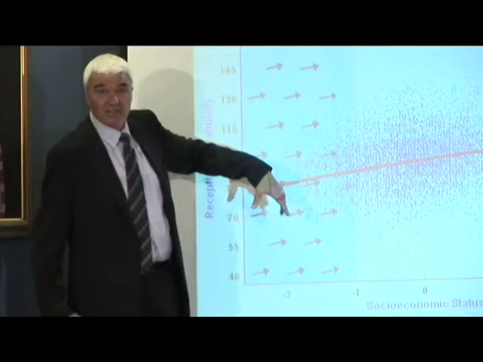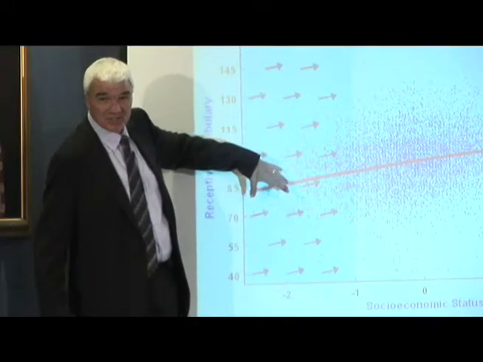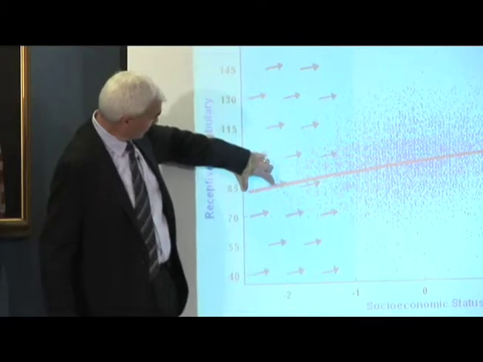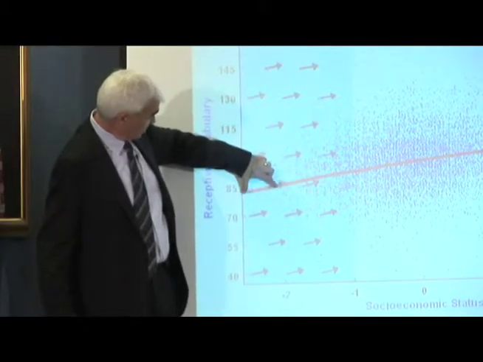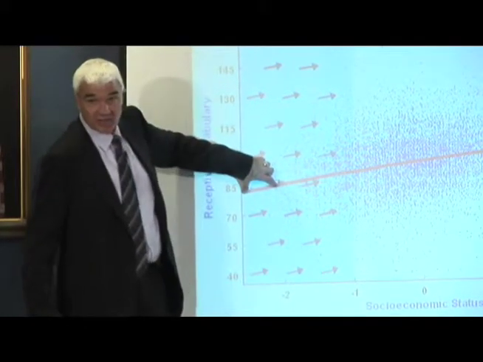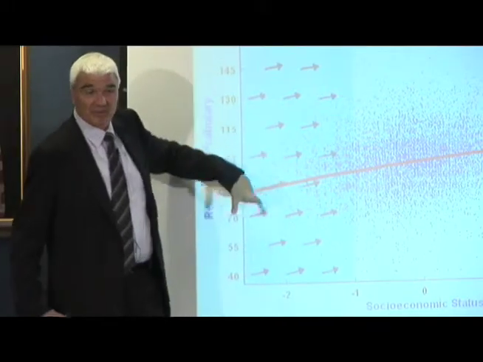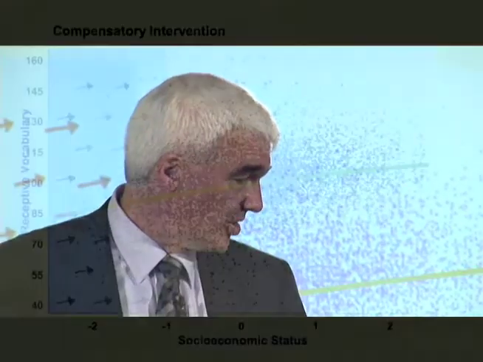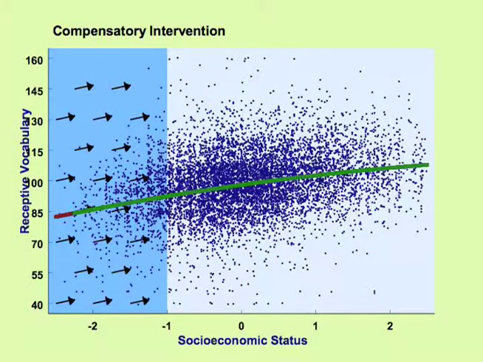If you could give families $5,000, which would be a lot in any government's terms, you might move them along this way about that much on the graph. It's very difficult to achieve a huge effect with a compensatory intervention. So you can hardly see it. What it does is bring the gradient line in, but it doesn't really raise it and level it.